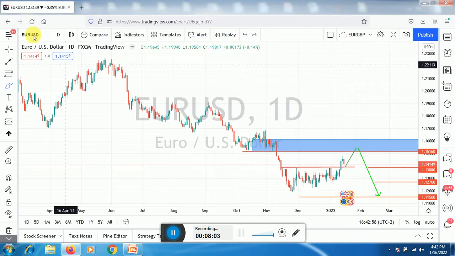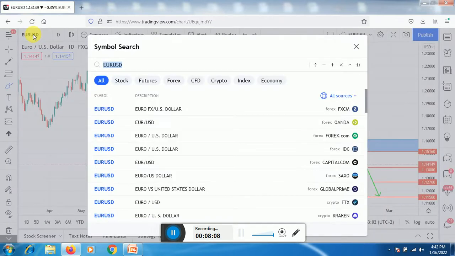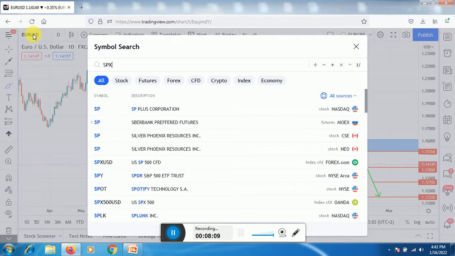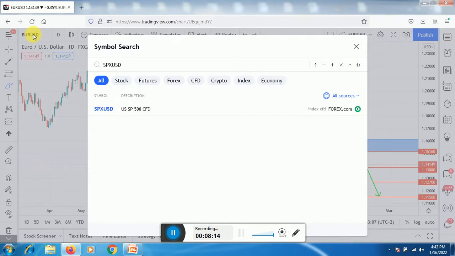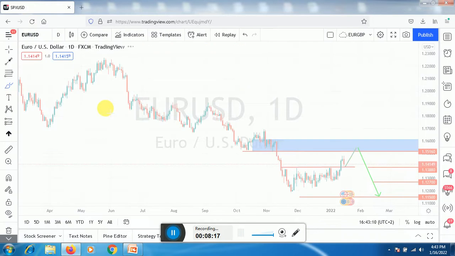So if we look at the SPX there, we are going to look at the index, sorry, the futures charts, not the index.